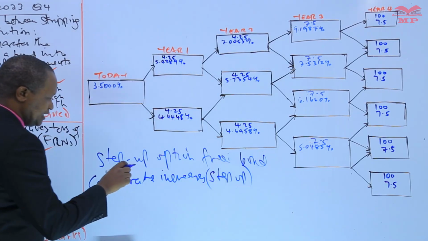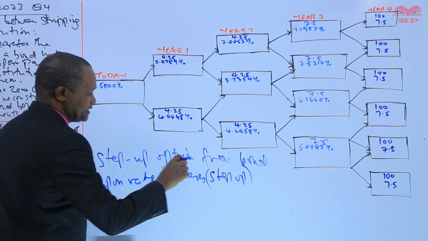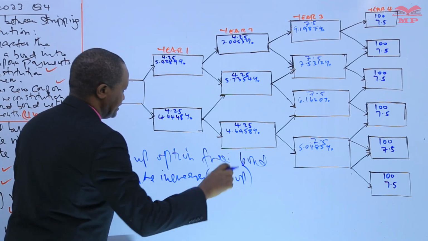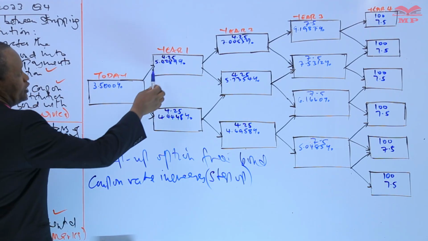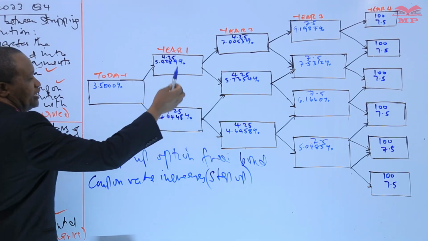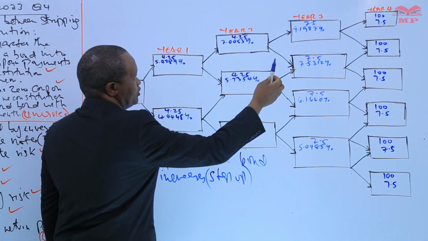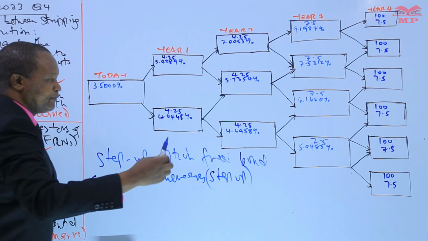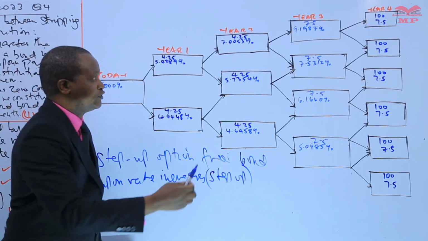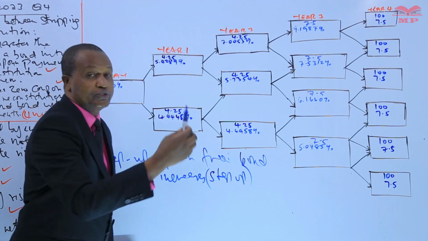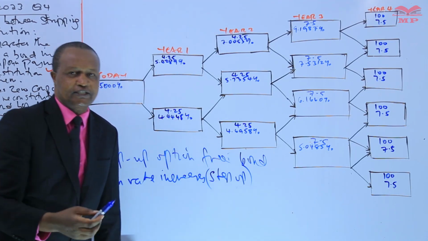It is the coupon rate that is stepping up, that is increasing. And we read that the first two years it will be 4.25%. Then the next 2 years, 7.5%. That is stepping up. The coupon rate is increasing from 4.25% to 7.5%.